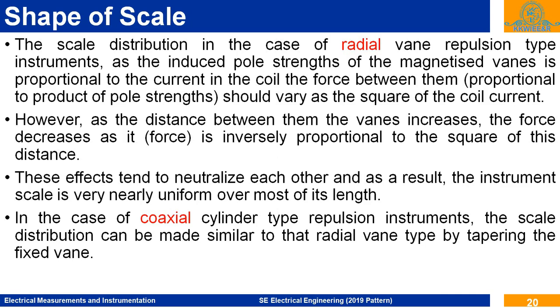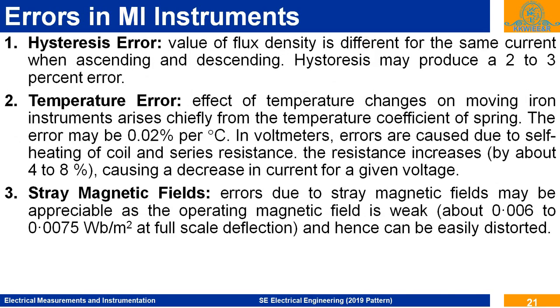By changing the shape of this coaxial piece, we make the scale uniform. So in the repulsion type instrument, generally we get the uniform scale. In the attraction type of instrument, the scale is compressed in the 1/10 portion of full scale at the lower side.